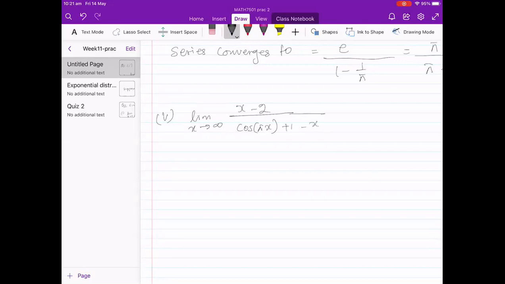How are you going to approach this one? The fifth one, how do you find this limit?